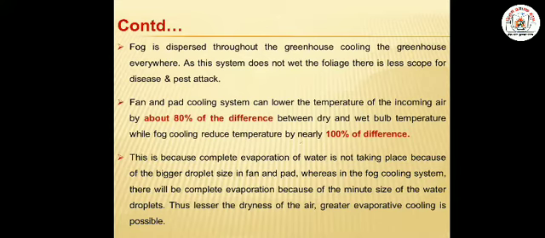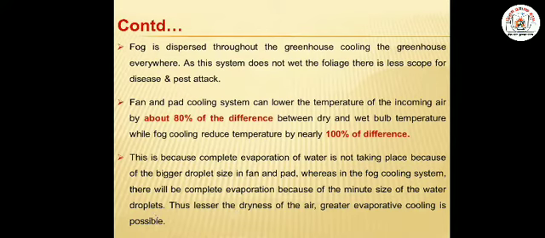This is because complete evaporation of water does not take place in the fan and pad cooling system because of the bigger droplet size. Whereas in the fog cooling system, there is complete evaporation because of the minute size of the water droplets. Thus, the lesser the humidity of the air, the greater the evaporative cooling possible.